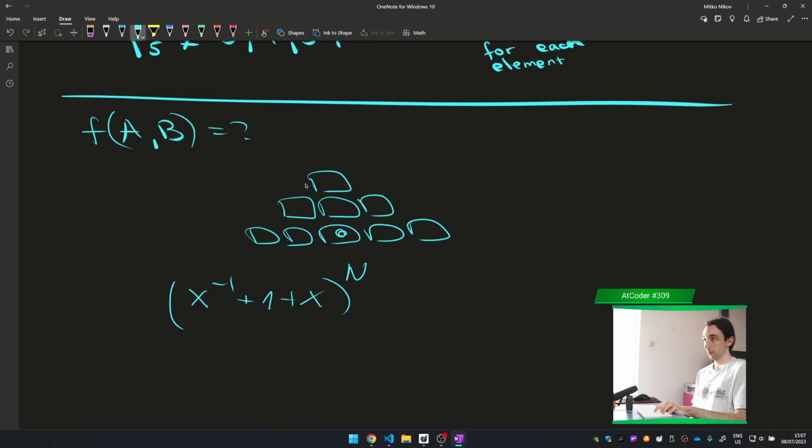So take this polynomial and then find the coefficient at index b minus a. This is the answer for f of a to b.